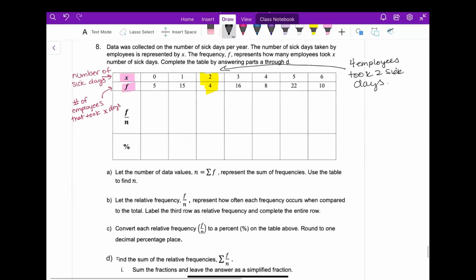We're going to finish filling out the table. It says, let the number of data values n be equal to the sum of the frequencies. So you have to remember how to read this. This is the sum. So it says n is the sum of frequencies.